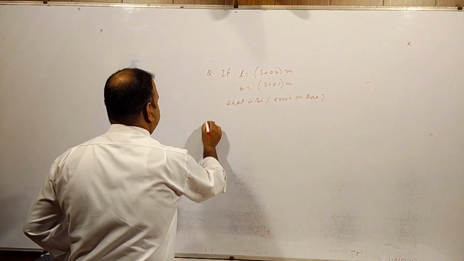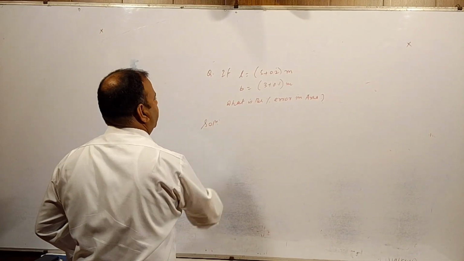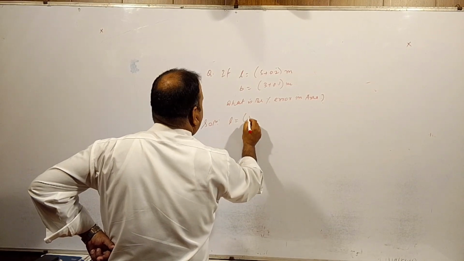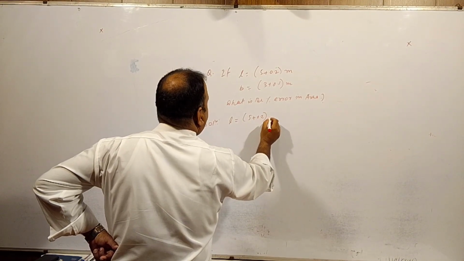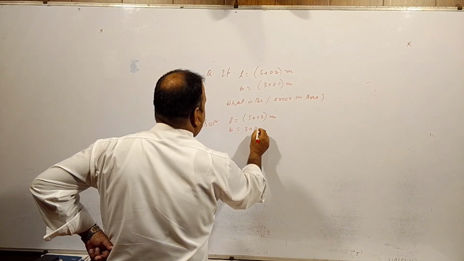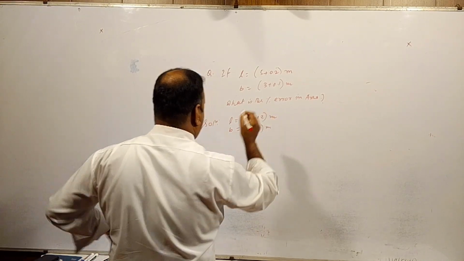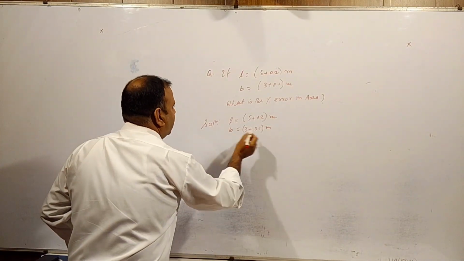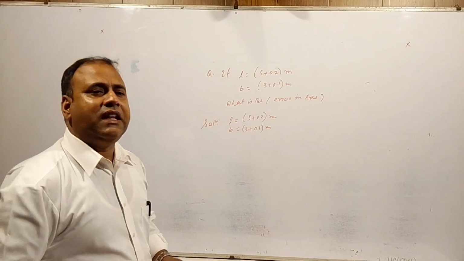Now the solution, as earlier. Remember, the length is given as 5 ± 0.2 meter and the breadth as 3 ± 0.1 meter. We have to calculate the percentage error in area.